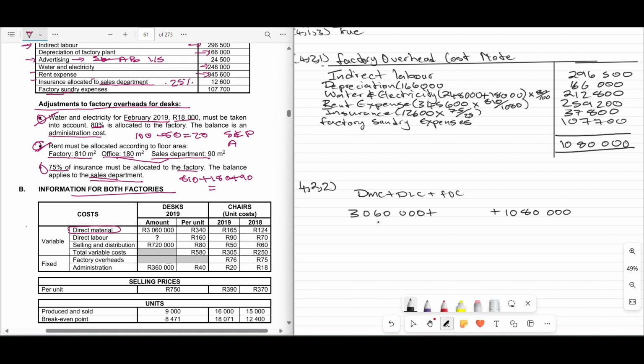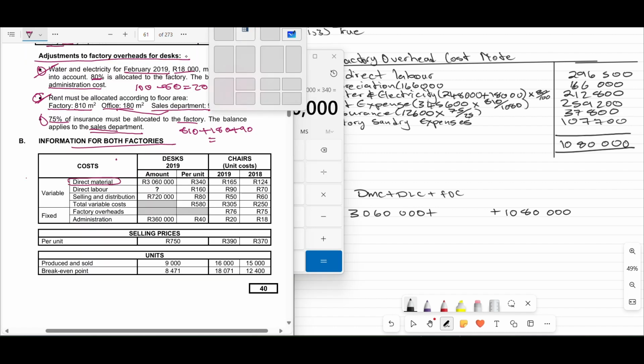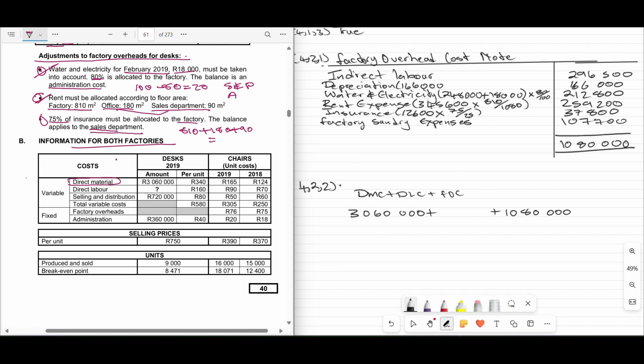So now we need our direct labor. We can still get it. If you check here, we have per unit direct labor, which is 160.